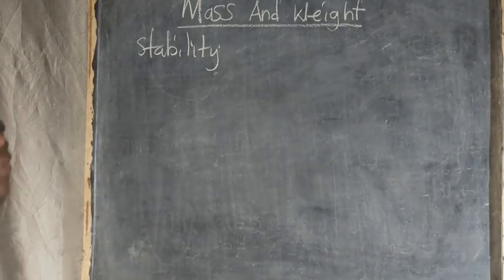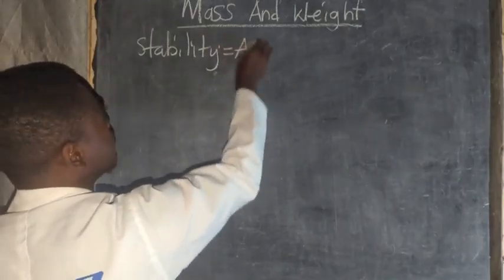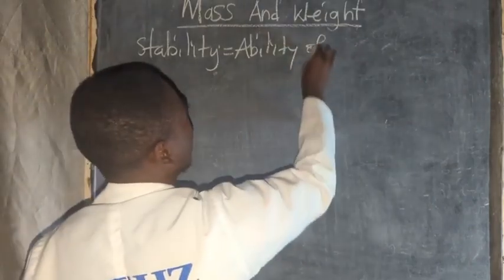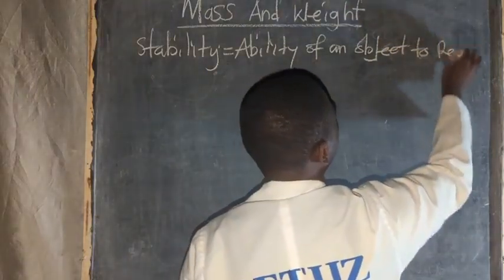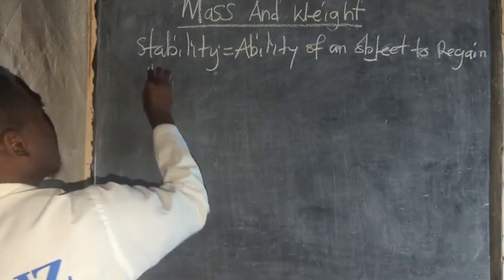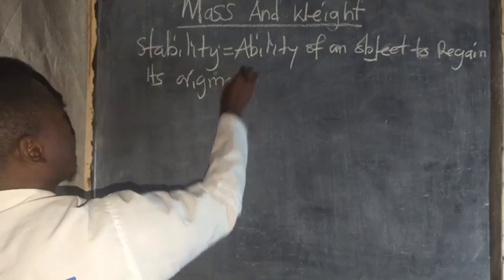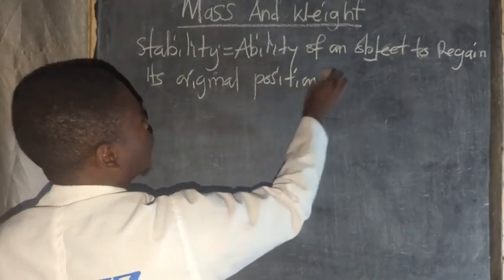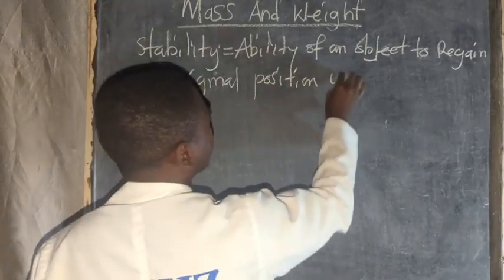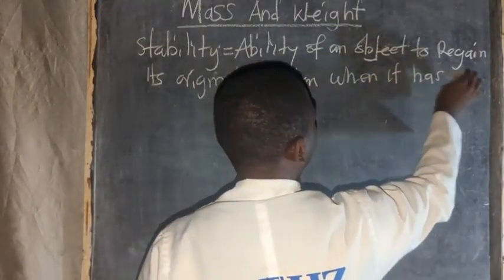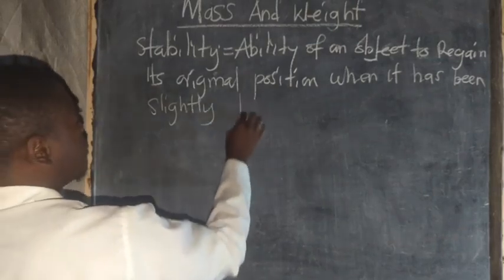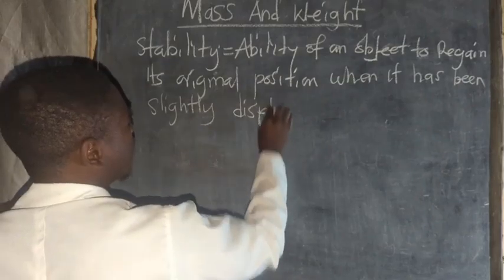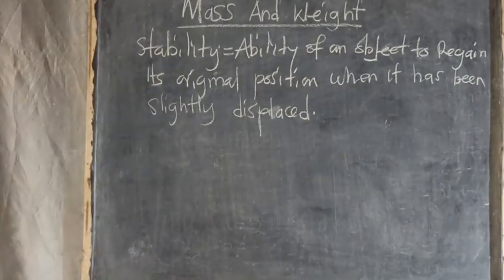Under stability, what you need to know and understand is that this is just the ability of an object to regain its original position when it has been slightly moved or slightly displaced. This is what stability is.